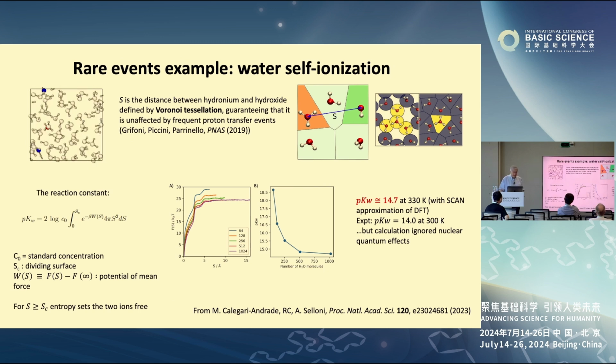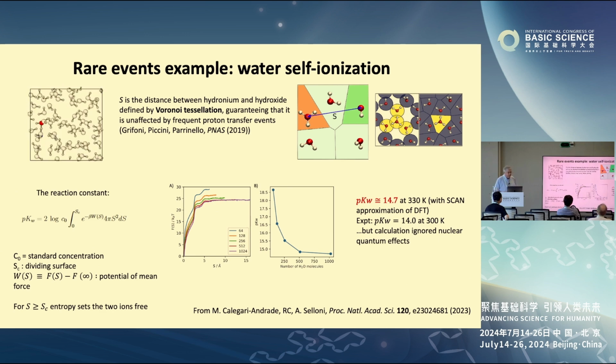This is a famous rare event example: the self-ionization of the water molecule in the liquid that originates the pH, which is very important in chemistry. And essentially, this is a very rare event because at standard temperature and pressure conditions, you have one molecule over a billion that self-ionizes.